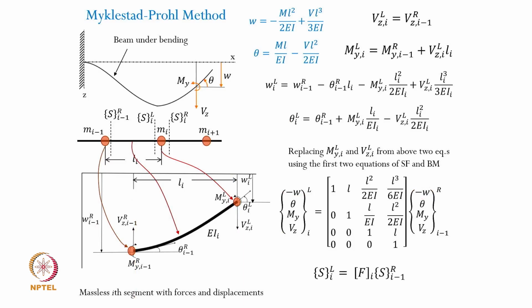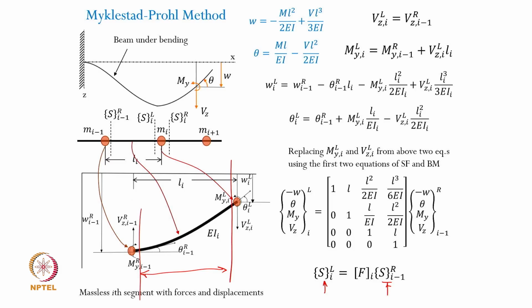That's how you get the relationship between one state vector here with respect to the state vector here, and this relationship is for that massless segment, and therefore the matrix relating these two state vectors is called a field matrix, quite similar to your Holzer method, where we use the similar way of static equilibrium and force balance to get the relationship.